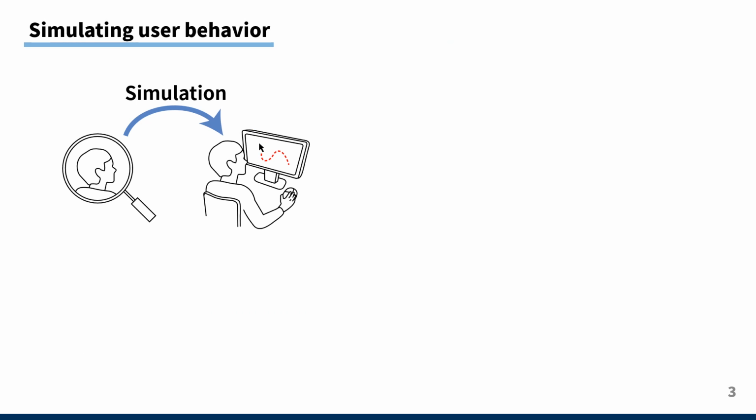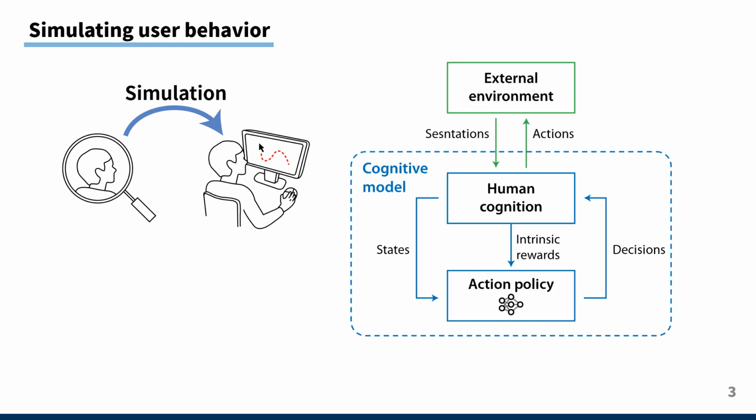In the recent decade, with the emerging technologies such as deep reinforcement learning, there have been significant advances in the study of cognitive models that simulate user behavior. Within the simulator, a user's cognitive process is mathematically modeled, and characteristics of the simulated users are usually reflected in this model.